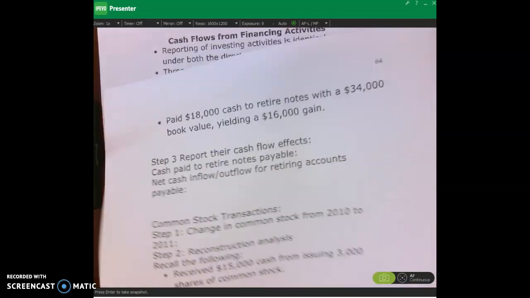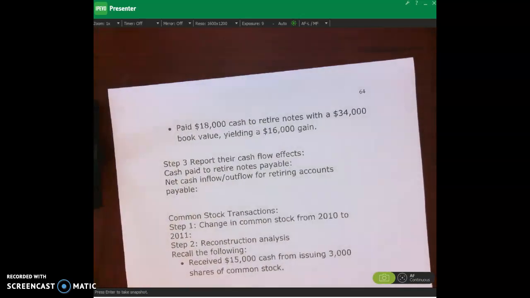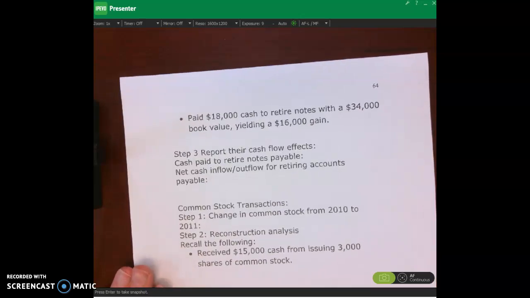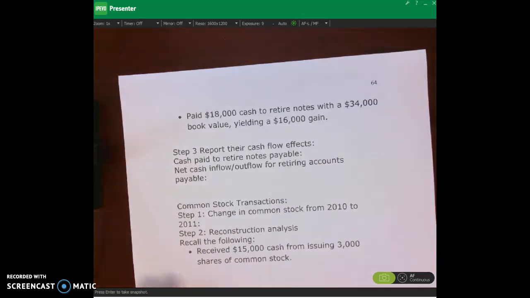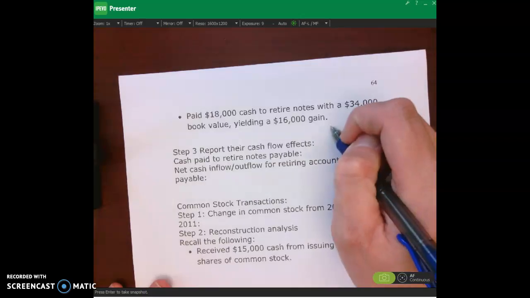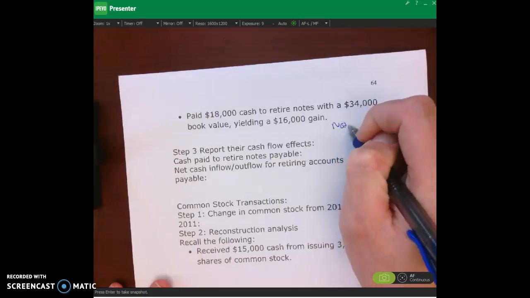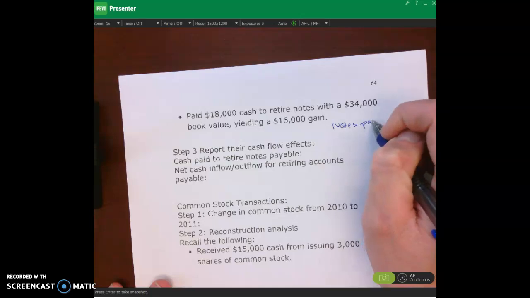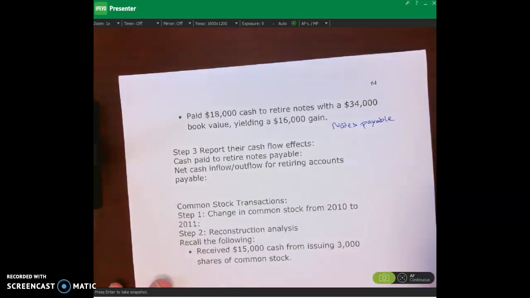So remember, if we look over here at the top of page 64, it says paid $18,000 to retire our notes payable, yielding a $16,000 gain. Okay, so what is the journal entry to do this? We'll come over here and we're going to say debit to our notes payable, because our notes payable is a liability and we're paying that off.